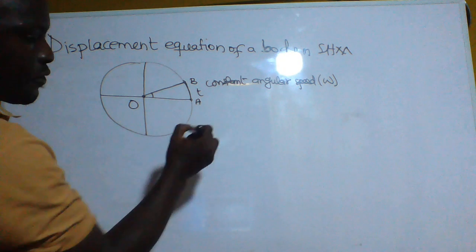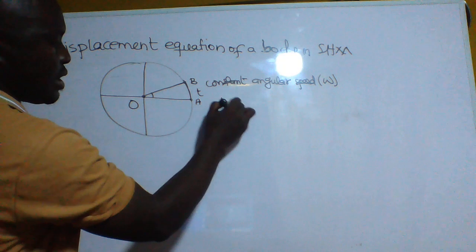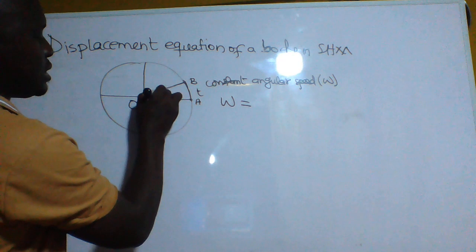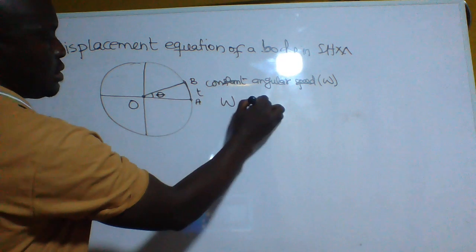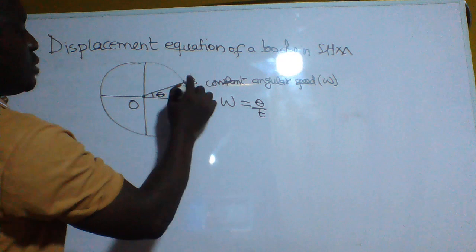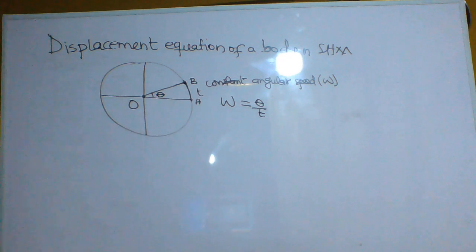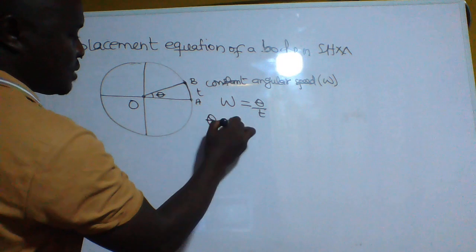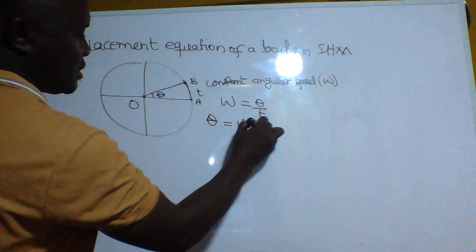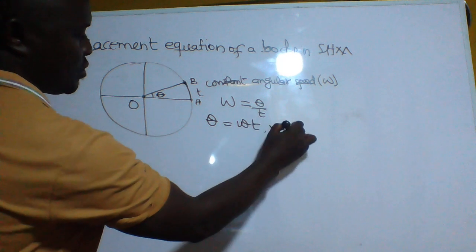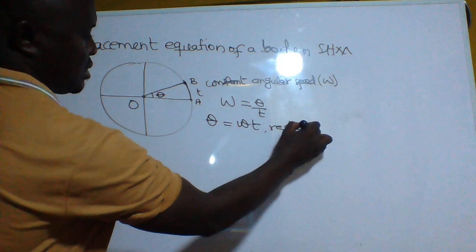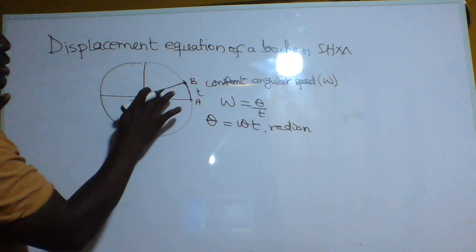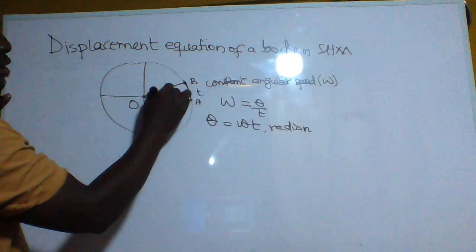We therefore derive that the angular velocity is equal to the angular displacement over the time taken to make that displacement. Therefore, we got the angular displacement theta to be equal to omega t in radians. So that's how we change this theta to omega t.